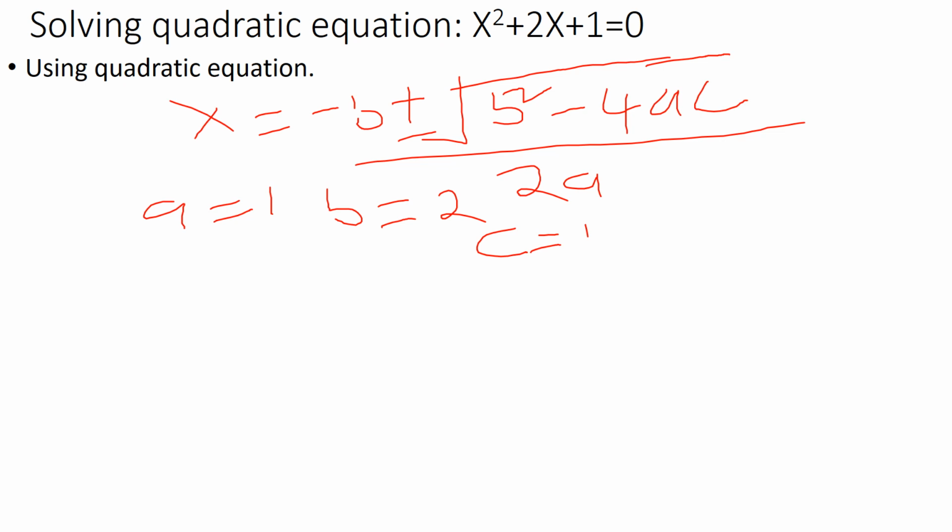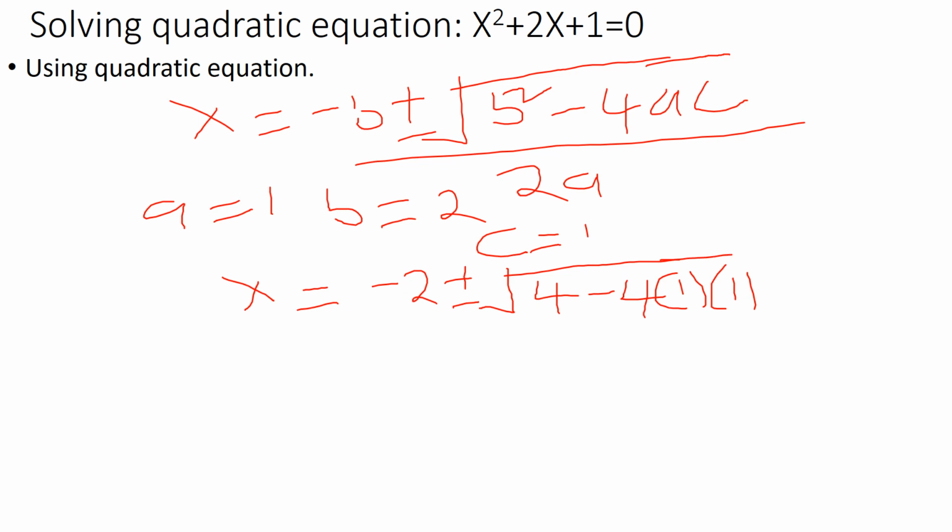So we can plug this into our formula and have x equals minus 2 plus or minus the square root of 2 squared, which is b squared, minus 4 multiplied by 1, which is a, multiplied by 1, which is the coefficient of c.